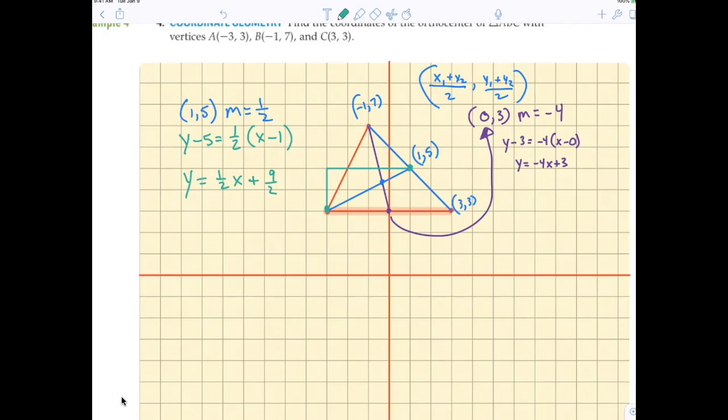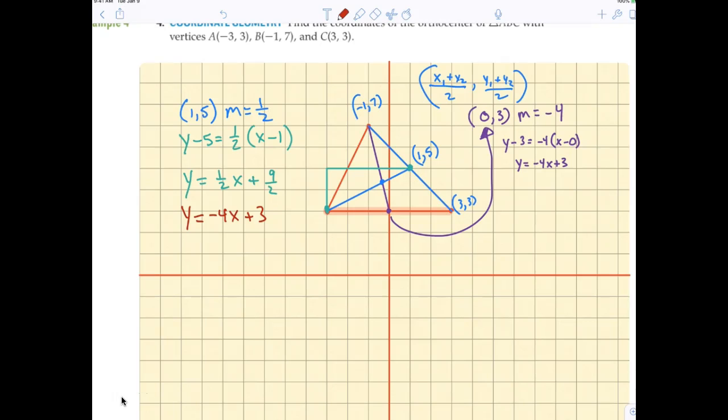Anybody? So now I'm trying to find the point of intersection. So now I have my two lines. y equals negative 4x plus 3, and y equals 1/2 x plus 9 halves. Everybody okay with that? Now, hopefully we're right.